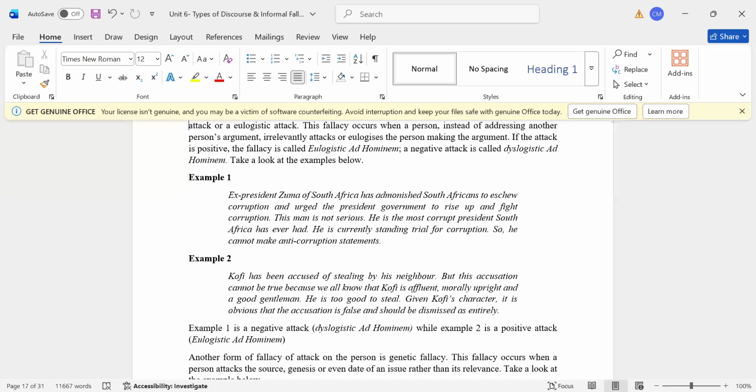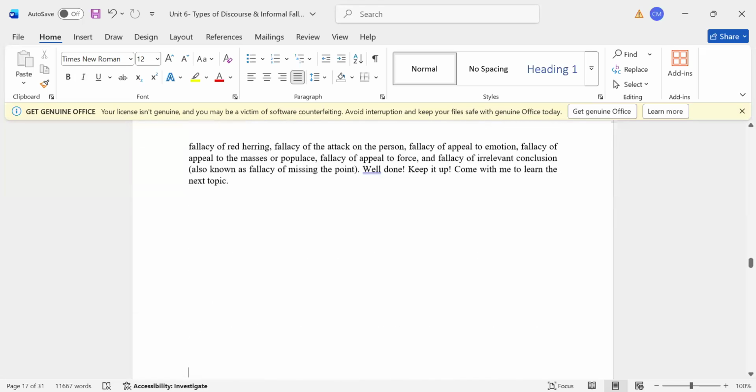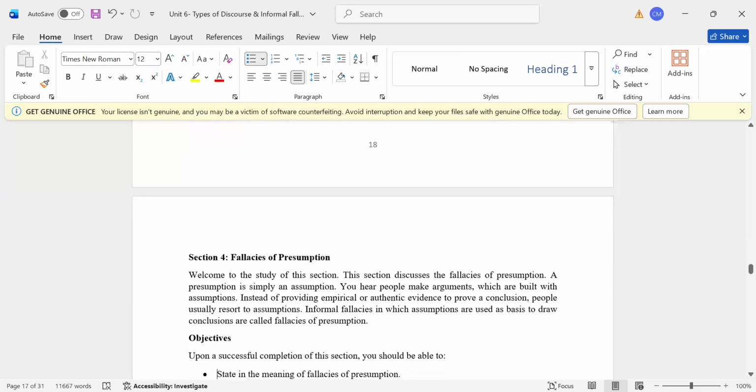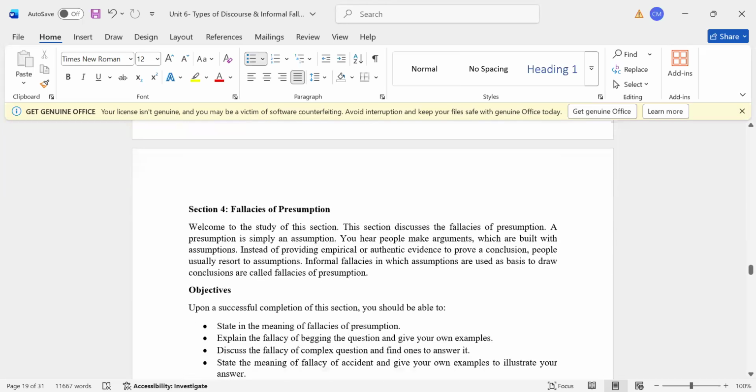We are going to another set of fallacies. All right, so we move on to the other set of fallacies, fallacies of presumption. Presumption means assumption. Here, not even tiny facts are there, but you make an assumption of the facts or the conclusion.